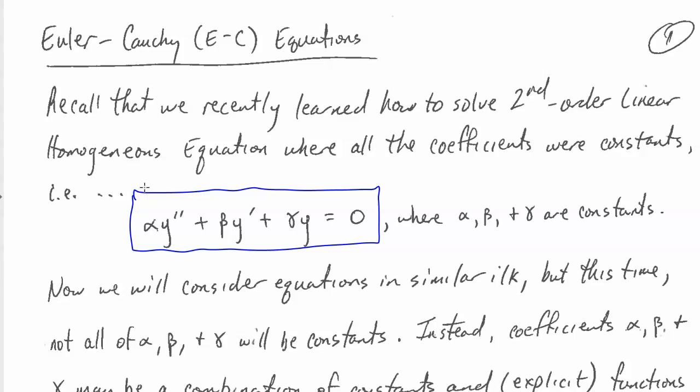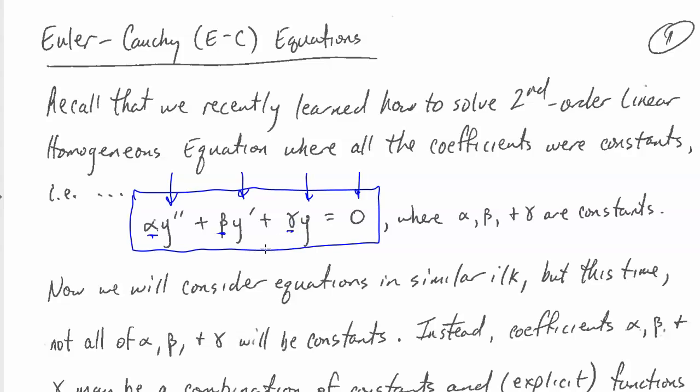Now, the Euler-Cauchy equation is similar in that it still has the same profile: we have the second derivative term first, then the first derivative term, and then the term with no derivative, and then it equals 0. The thing that is different, though, is that not all of our coefficients are going to be constants any longer.